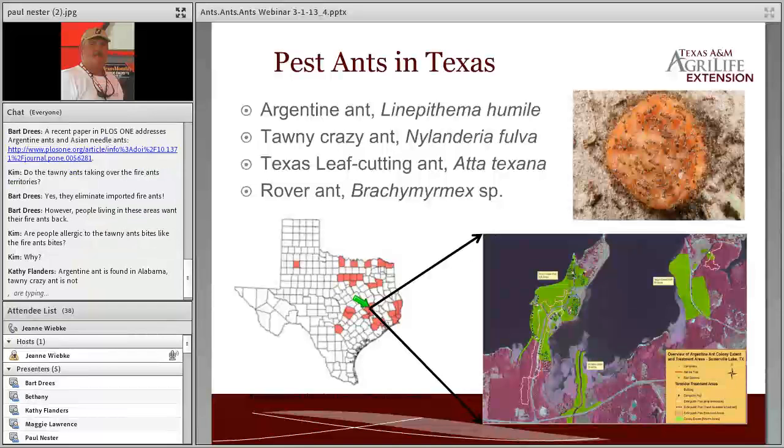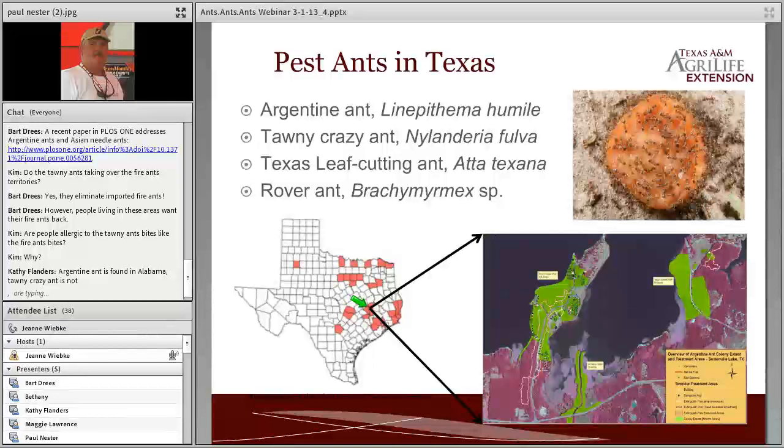I'm not really sure. There's still a lot of work to be done on that, but you can see that they are able to move around. This is a close-up of the Lake Somerville area in Texas, which shows the population of Argentine ants has become a problem there, where we have been conducting some research over the past several years using some different types of baits.